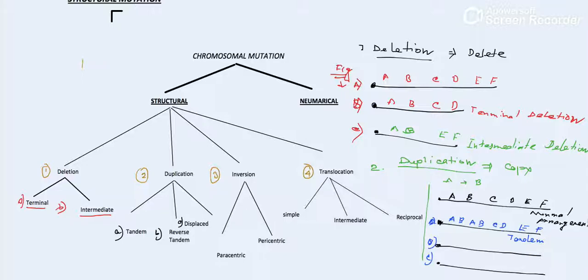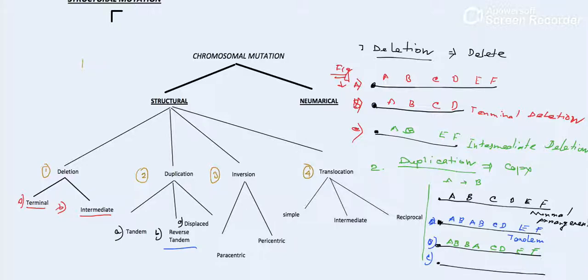Second, in this structural unit we have reverse tandem duplication. Reverse tandem duplication is when duplication occurs but the duplicated gene is present in the reverse way, like AB, BA, CD and EF.